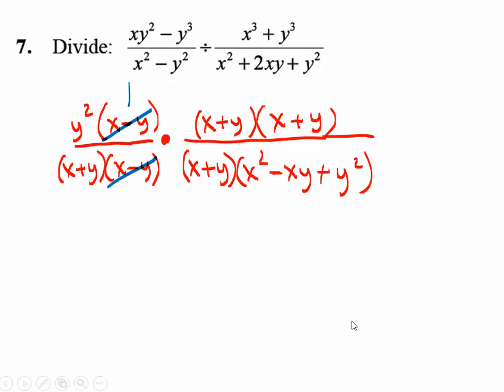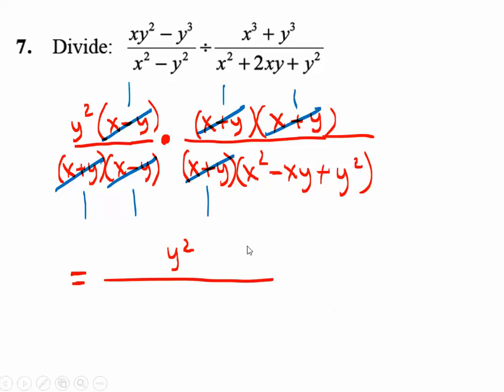X minus y, x minus y, x plus y, another x plus y, and left with, how about y squared, which is the only thing left on top. And then this whole entire trinomial here is on the bottom.